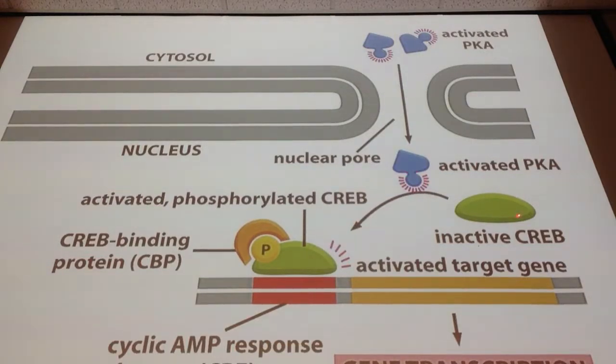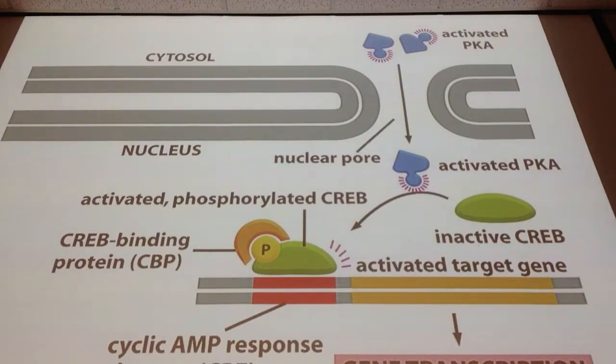When phosphorylated by PKA, CREB is active and can bind to a response element to regulate gene expression. In this case, it actually turns it on. So both phosphorylation and the binding of the transcription factor will activate gene expression. But again, I say regulate because that's not always the case, right?